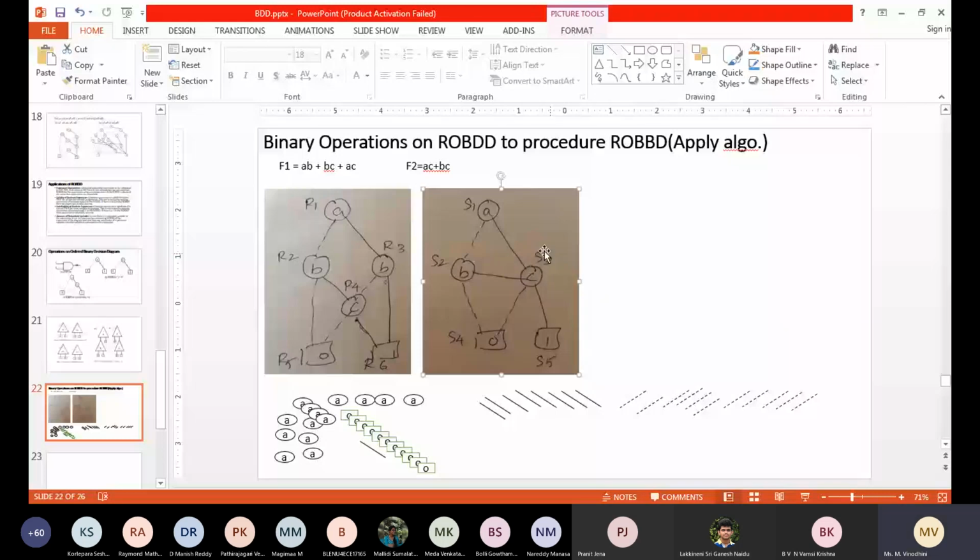Got it? So go level by level. First level is A, second level is B, third level is C. If D is there in the function, then the fourth level is D. Then only go to the leaf node. So S1, S2, S3, S4, and S5. For the leaf nodes, you try assigning the variables.